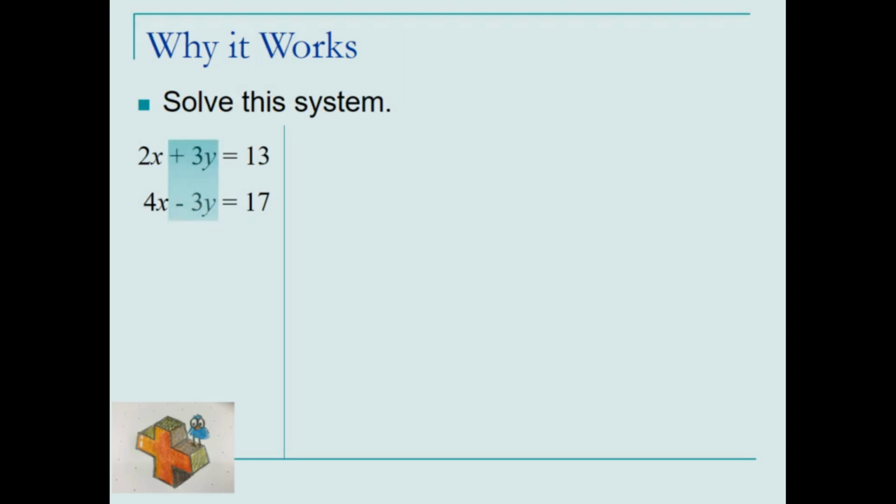The key is that when we add two equations together, we want to have one or the other of the variables to be opposite so that when they're added, they cancel one another out. So taking a look at this new system of linear equations, if we added these two together, we can see that we would end up with 3x and 6y.